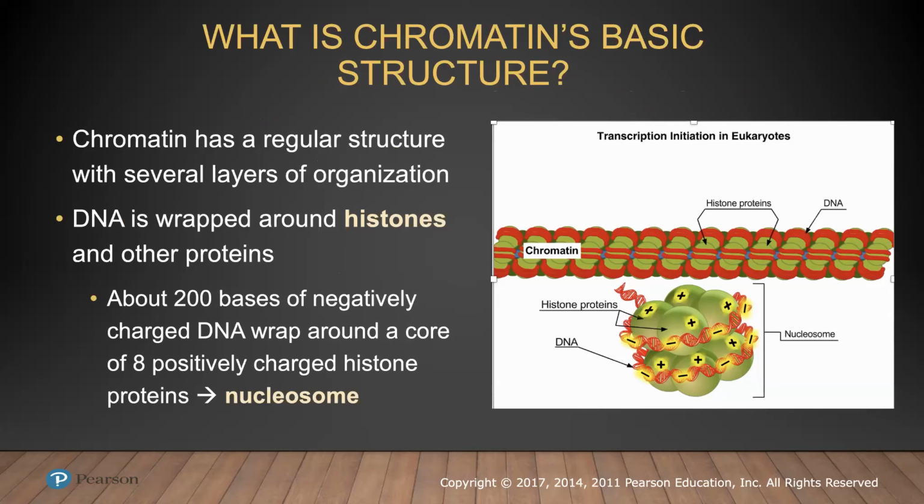What we're looking at here in the picture on the right is an illustration of chromatin. If you can recall the difference between chromatin and a chromosome, chromatin is that relaxed state of DNA. During interphase, when a cell is not dividing, the DNA is in its relaxed state in this form of chromatin.